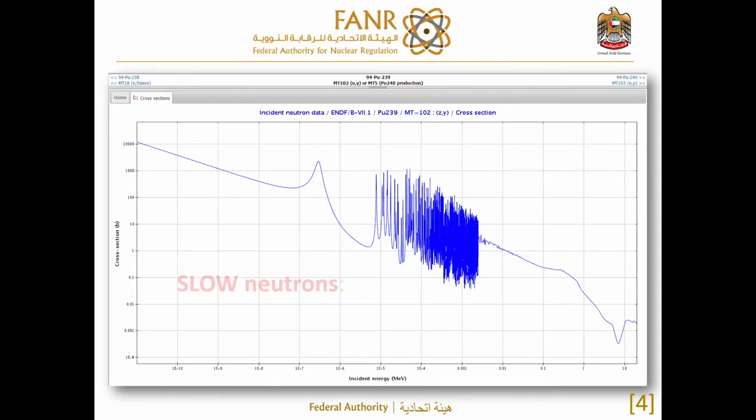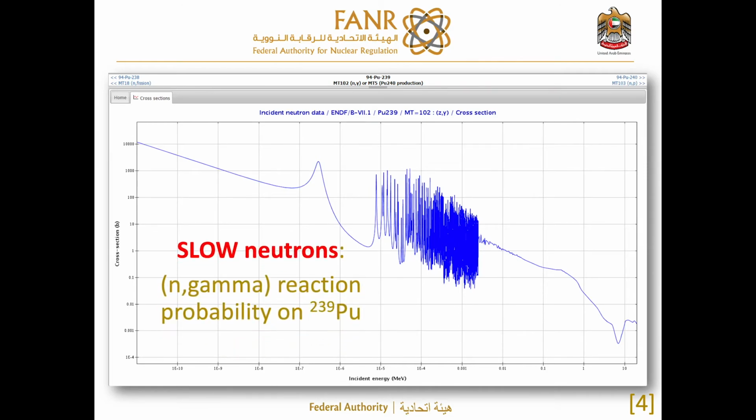You can see here the attenuation curve for slow neutrons in a specific material. This is plutonium-239. The probability of the n gamma reaction in this specific radionuclide is very high at low energies, decreases with increasing energies, and at a certain point it has also a very complex, very dramatic change in behavior.